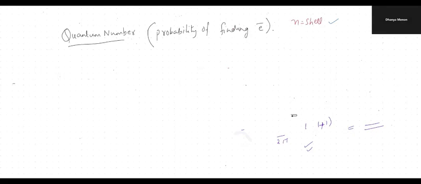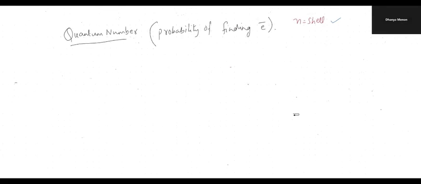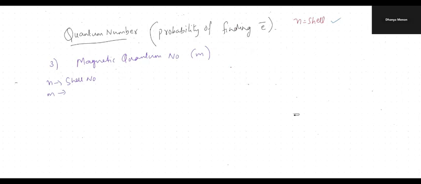Okay, so the third one is the magnetic quantum number, which is represented by M. So N represents the shell number. L represents the subshell.